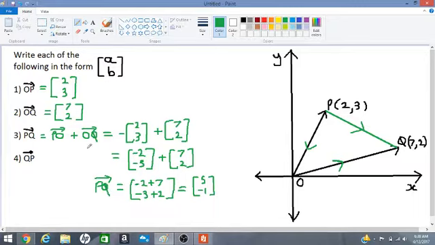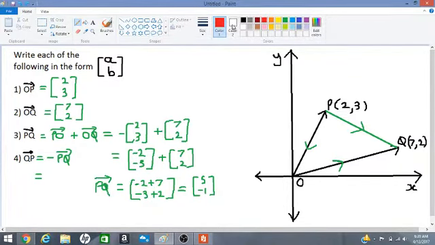So let's see how to work out QP. QP is the opposite of PQ, right? And so we write negative PQ. We worked out PQ already. We got 5, negative 1 for PQ.